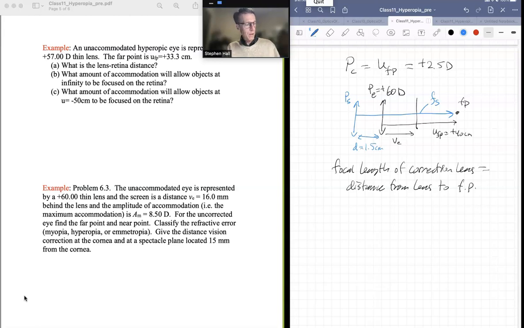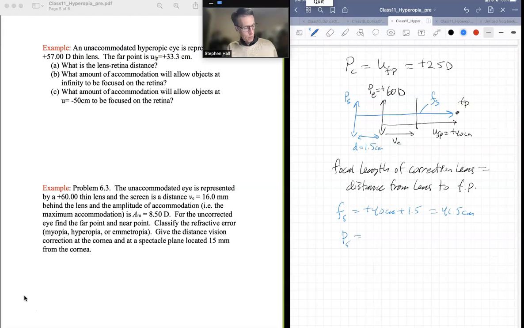Just looking at the picture, I can see that distance is the far point distance plus this extra d here. So the focal length of my spectacle lens must be the far point distance, 40 centimeters, plus this d, which is 1.5, so this is 41.5 centimeters.